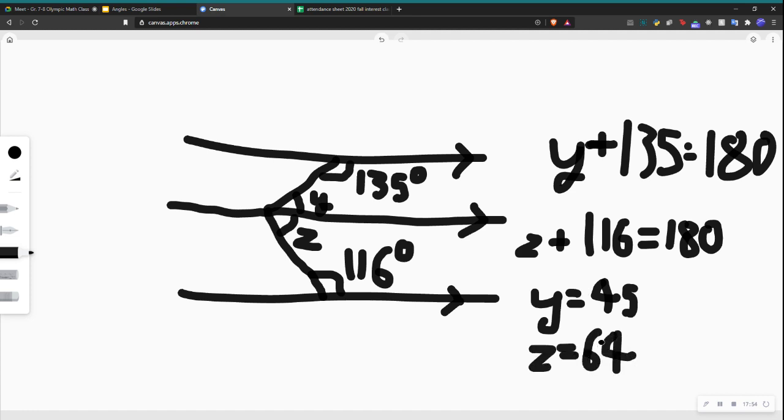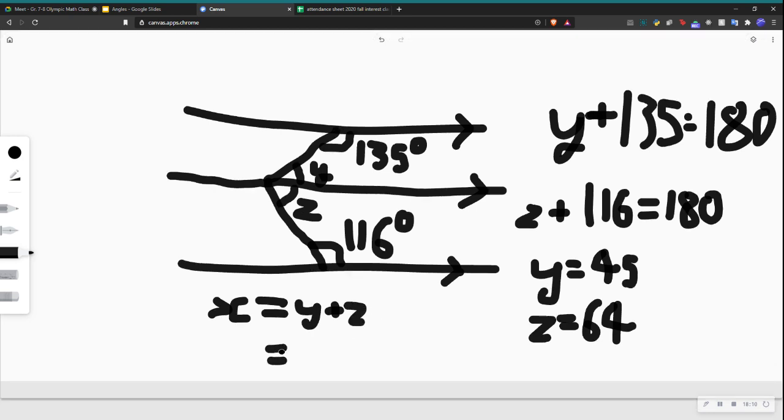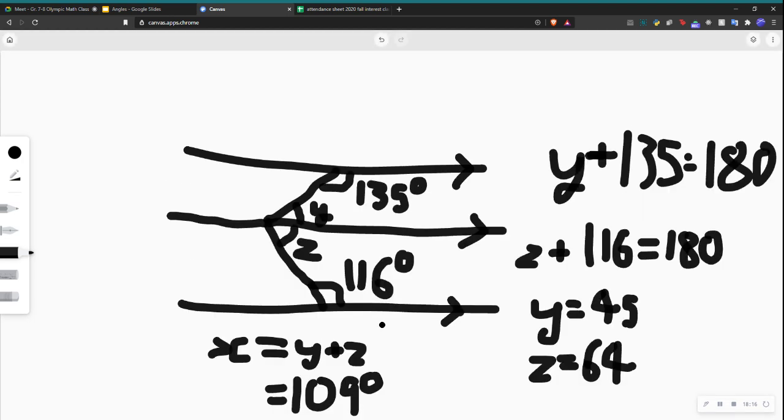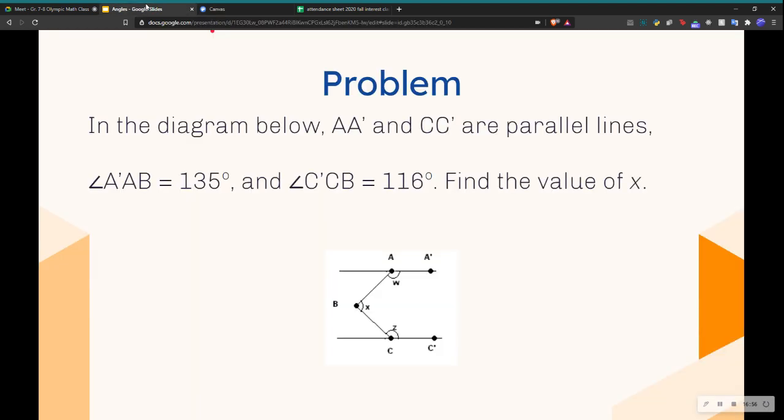Now if you're trying to solve for the value of x, x was just this entire angle, it's just a sum of y and z. So x is just y plus z. And I'll just write the final answer. So 45 plus 64 is 109. There you go. So the final answer is 109 degrees for x.